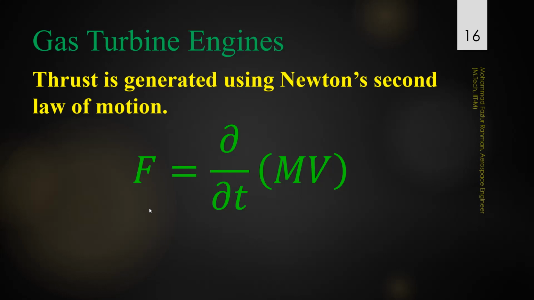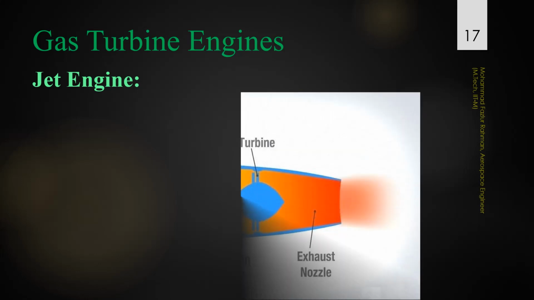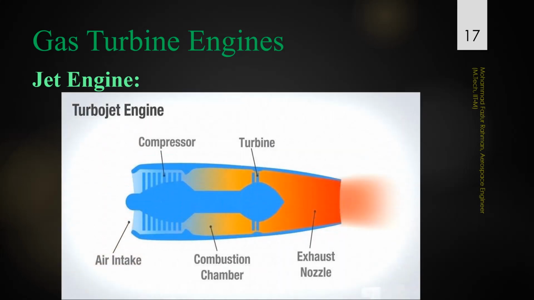Now in the jet engine, here is a symbolic simple jet engine, which is basically a turbojet engine. We call it turbojet because it contains a turbine and the jet, with the turbine required for running the compressor. Here the compressor has many stages.